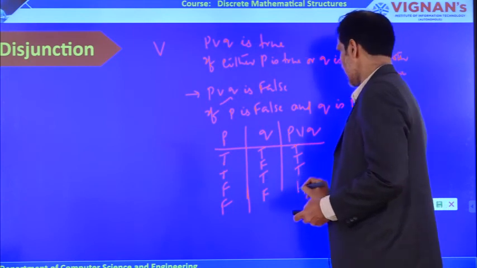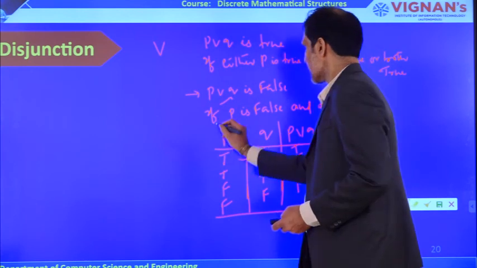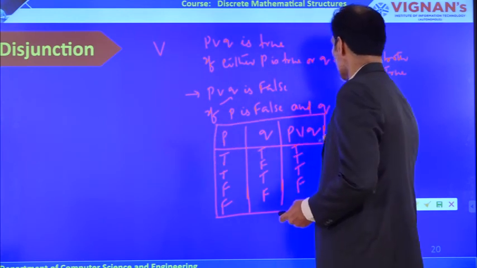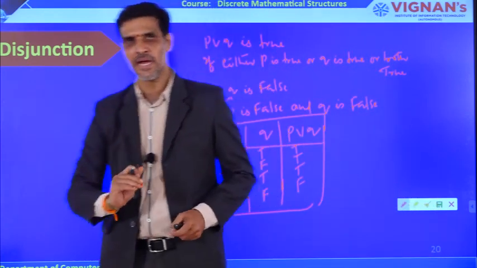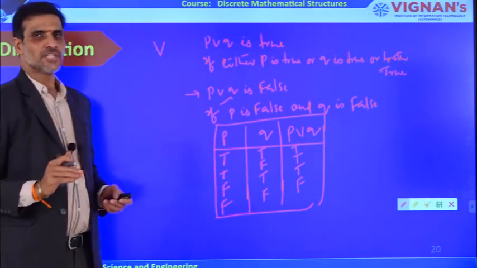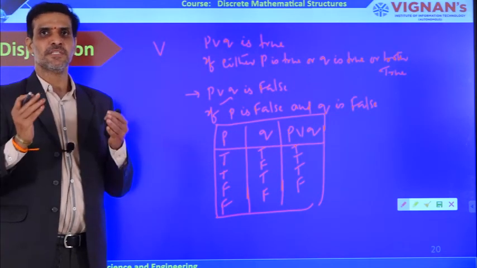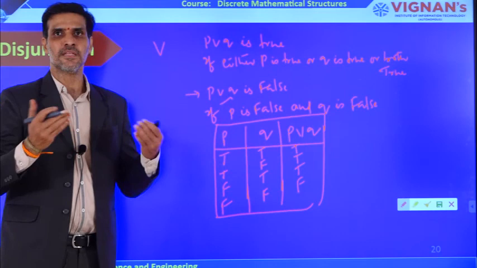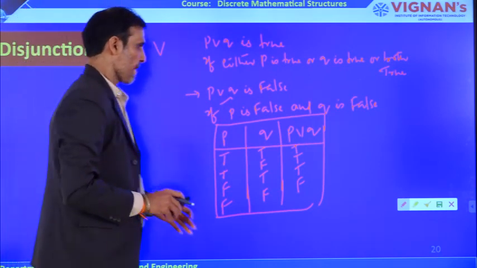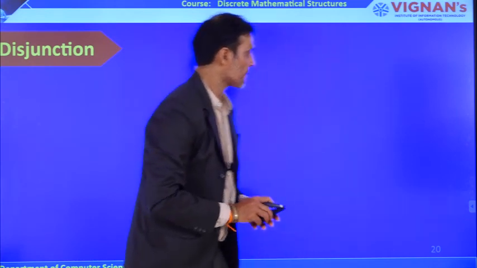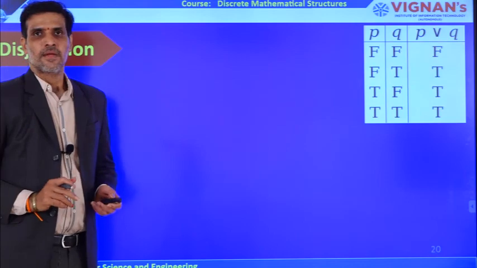False, false is false. So like this we construct the truth table for disjunction. Remember that the disjunction of two statements will be false only if both statements are individually false. In all other cases, it will be true. So that is the truth table for disjunction.